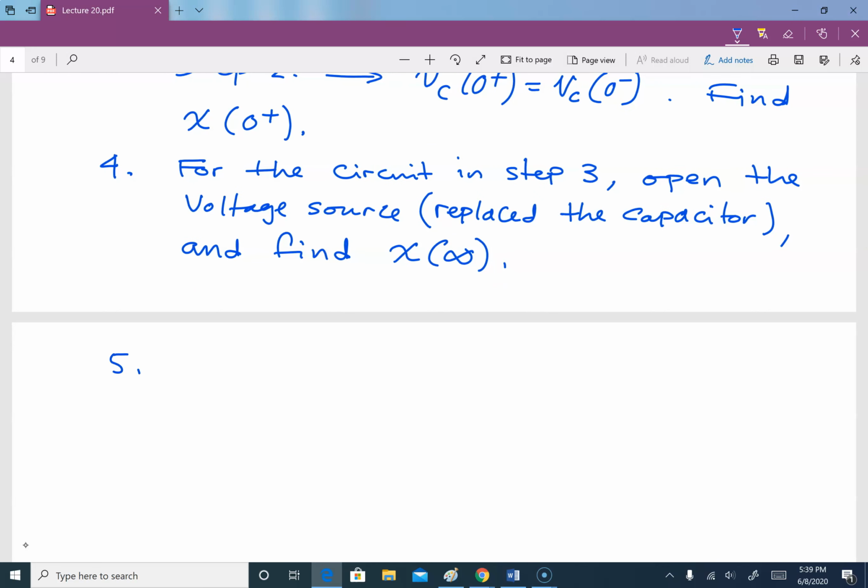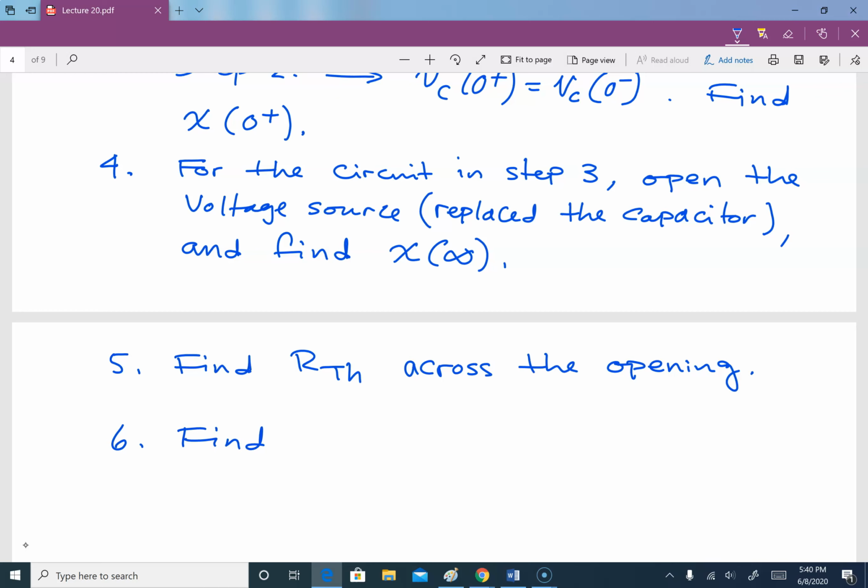Number 5, find R Thevenin across the opening. Number 6, find the time constant tau.